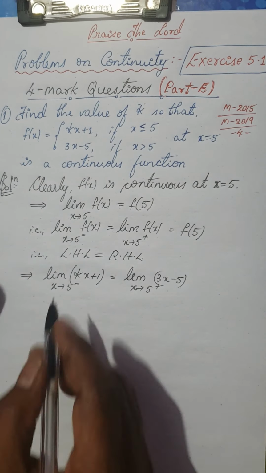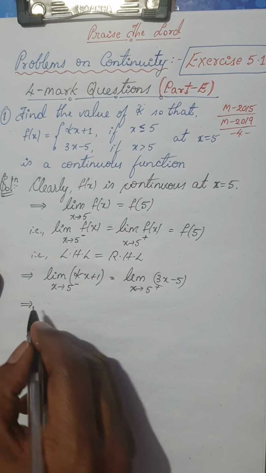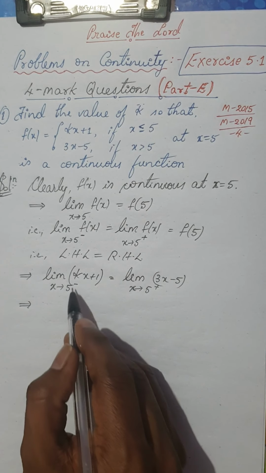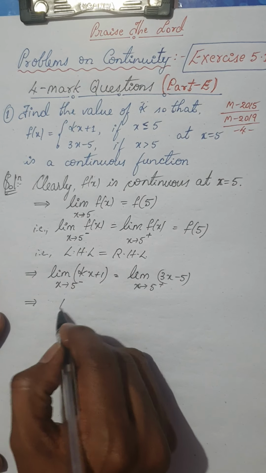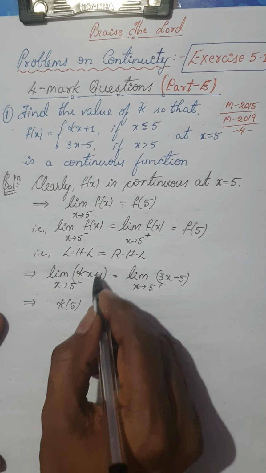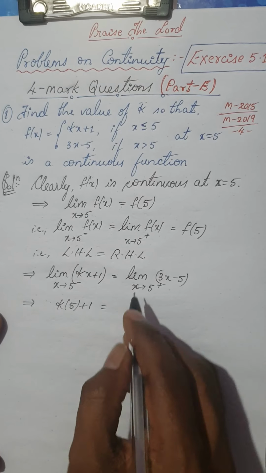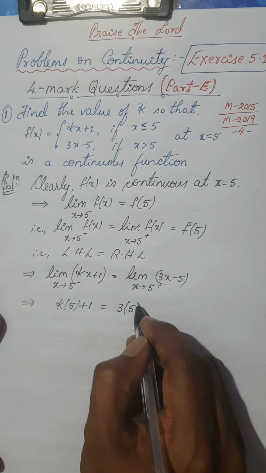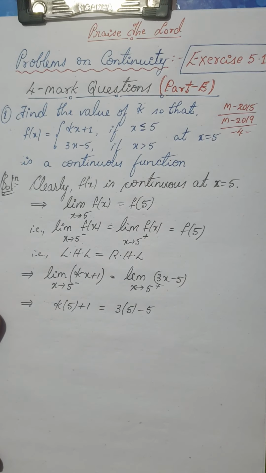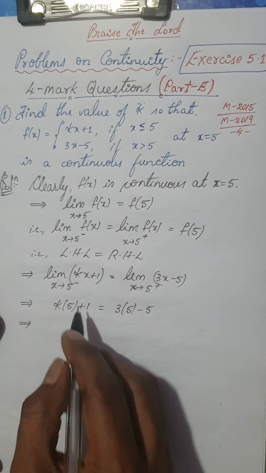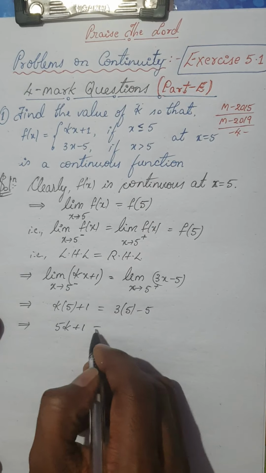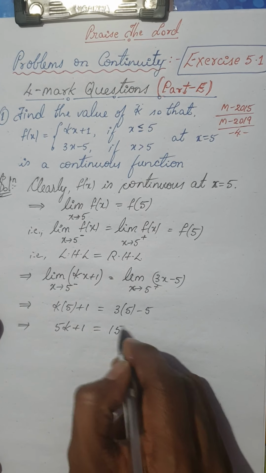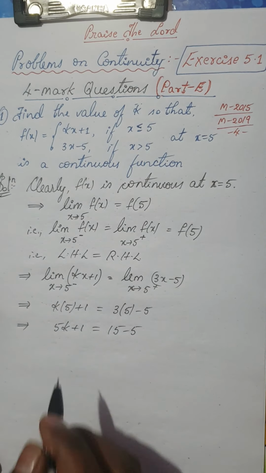Is it clear? So what do you mean by limit of a function? Just substitute for x whatever the value we have here. So I get k into 5 plus 1 is equal to 3 into 5 minus 5.